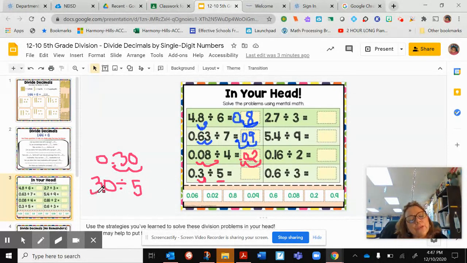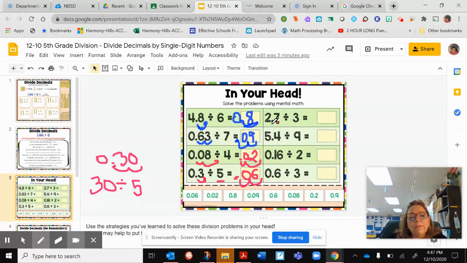So now I know that 30 divided by 6 equals 5. I know that the equivalent of 3 tenths equals 30 hundredths. This is the tenths, and then the hundredths. And the answer is 5 hundredths.